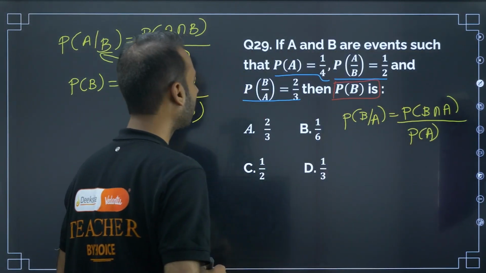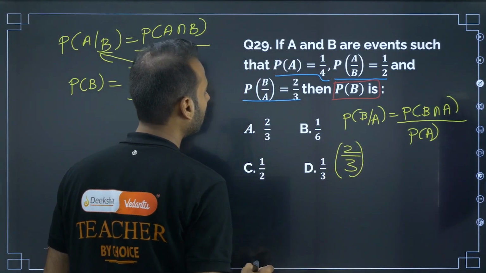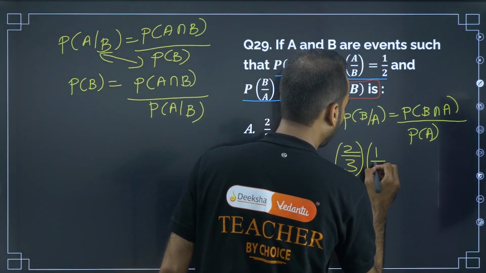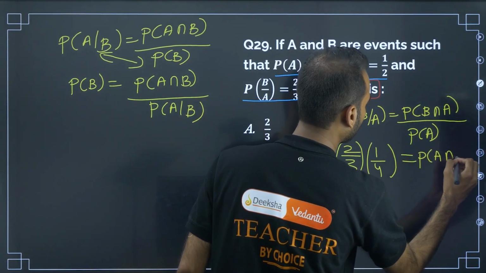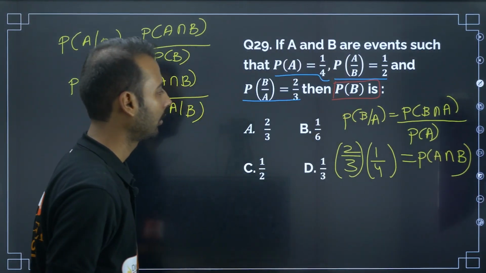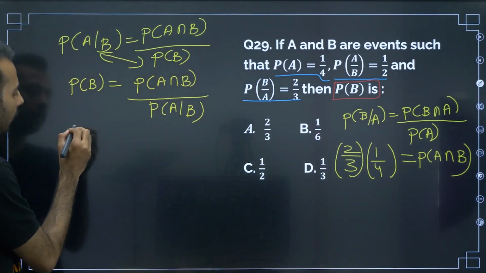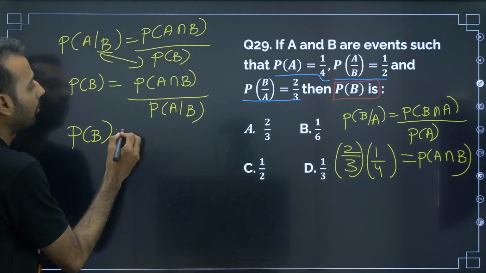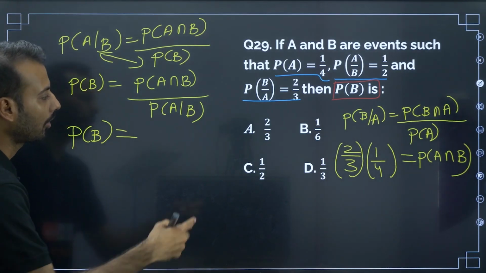P of B given A is 2 by 3. P of A is 1 by 4. P of B intersection A is P of A intersection B. Just substitute that. So here we will get P of B is equal to P of A intersection B. How much is P of A intersection B? It is already given.